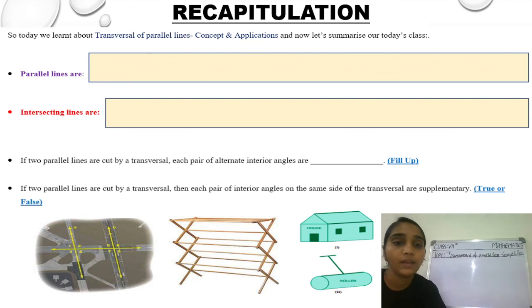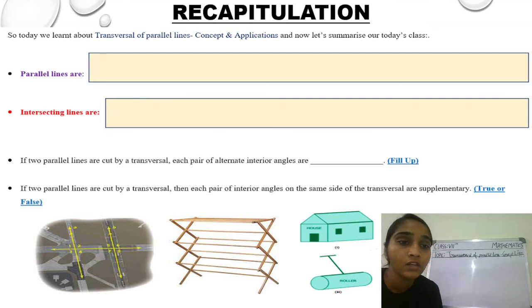So students, today we have learnt about the transversal of parallel lines, its concept and applications. What actually are parallel lines? The pair of lines which have equal distance between them, such that they never meet each other. And intersecting lines are those lines that meet or cross each other at a point.